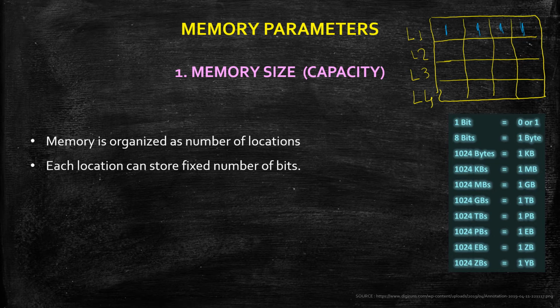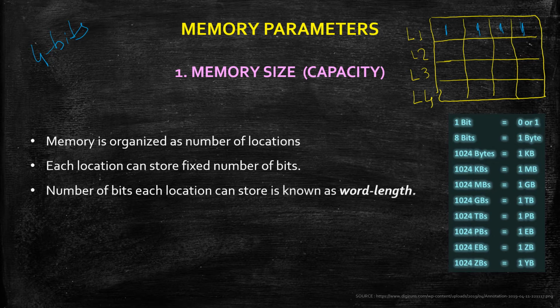The number of bits each location can store is known as the word length. So for this particular memory the word length is 4, because you can store a maximum of 4 bits in a particular location.